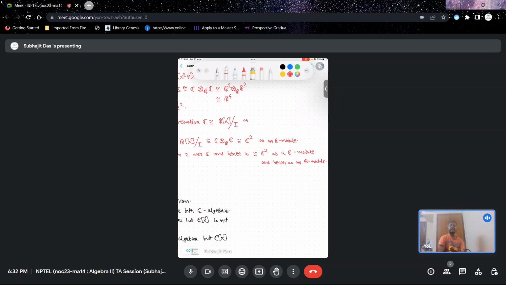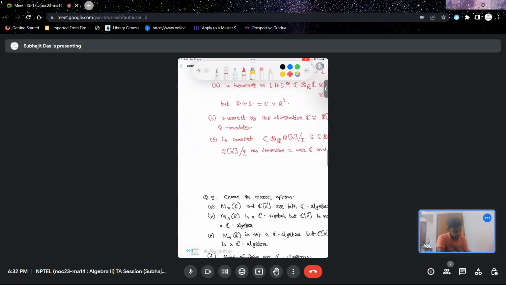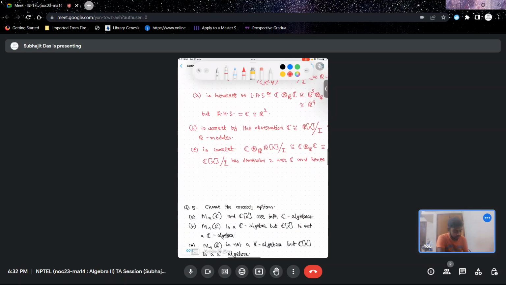Because R is contained in C, two vector spaces which are isomorphic as C modules will also be isomorphic as R modules. Why? Because you take any isomorphism of one vector space into another, then that arrow will also be an isomorphism in the category of R modules. Right? So C is correct again.